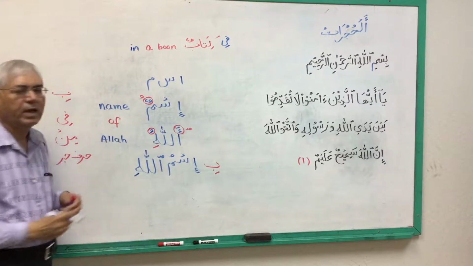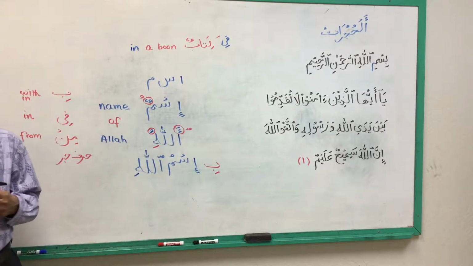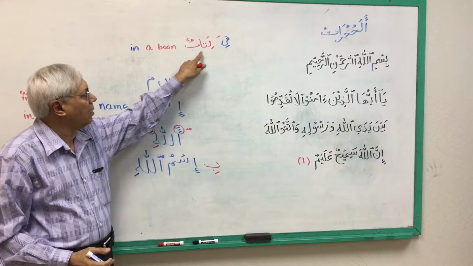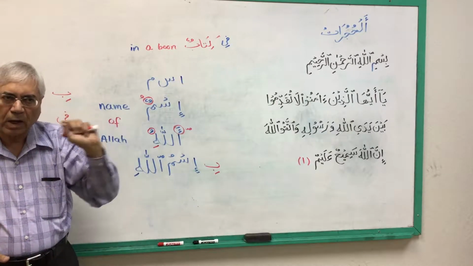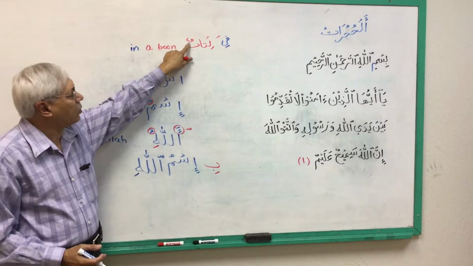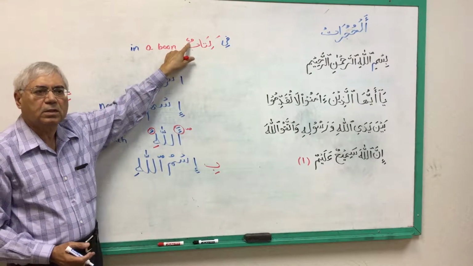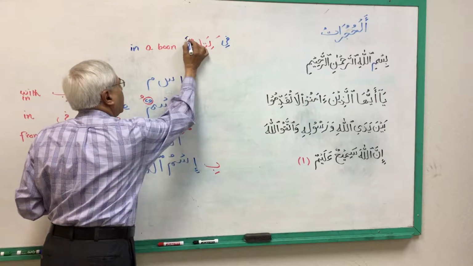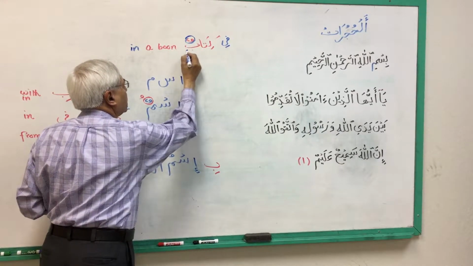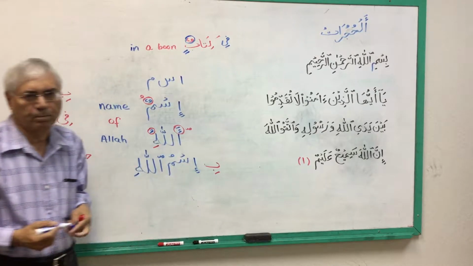In English, you just put an in there. In Arabic, fi has an effect. It looks at the word, looks at the last letter, which is ba. Then it looks at the harakat, the sound of these two dhammas. The characteristic of fi is that it changes these two to kasras.